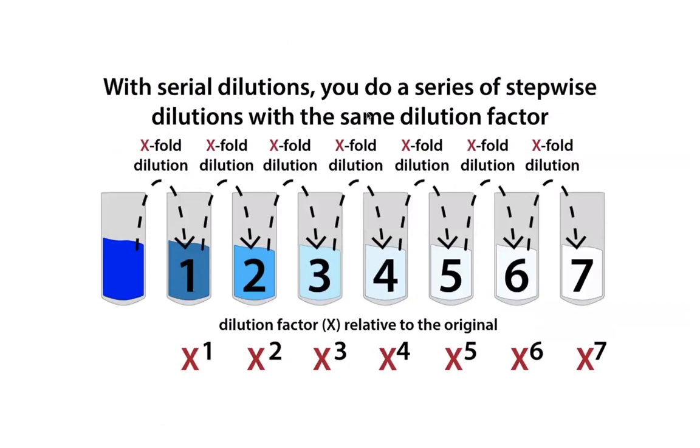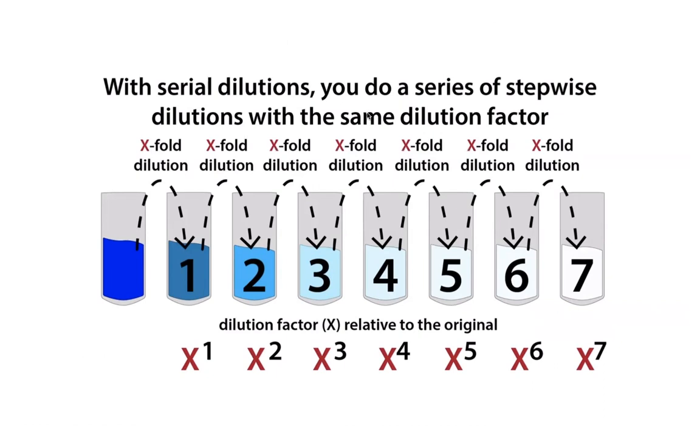And when you're doing one of these serial dilutions, because you have the same dilution factor each time, that same X-fold, and because those dilution factors multiply, what's going to happen is that you're going to be multiplying by X times X times X times X times X times X. And so those are going to be exponentially raised.